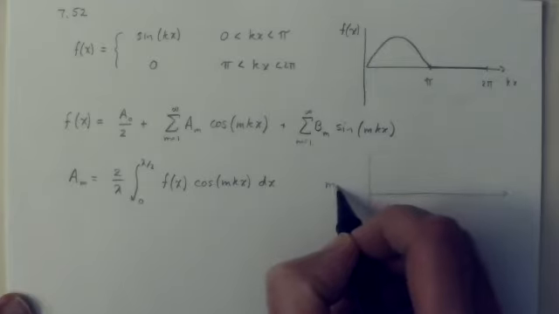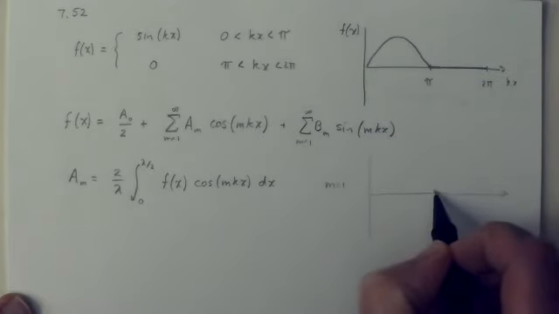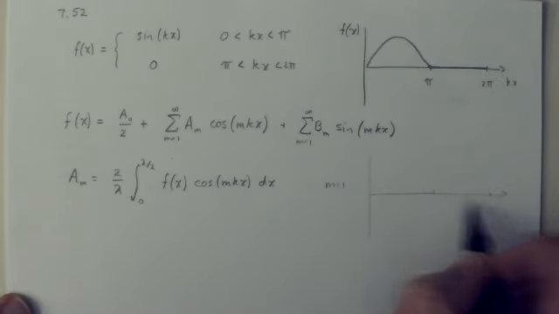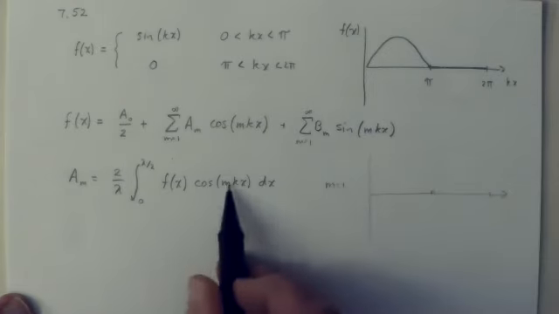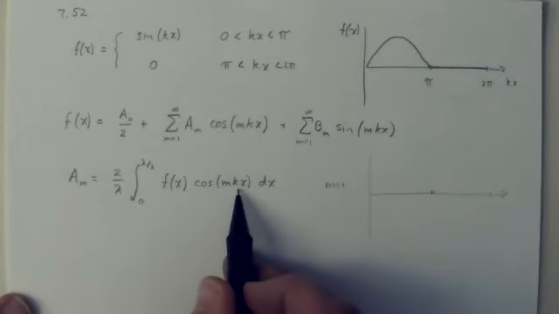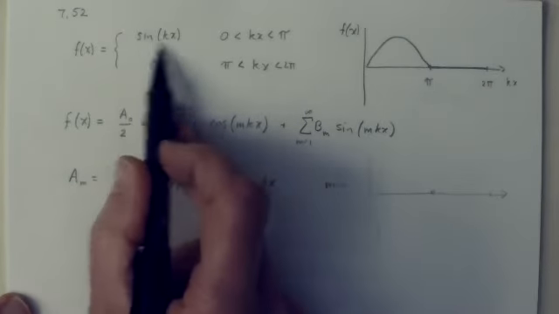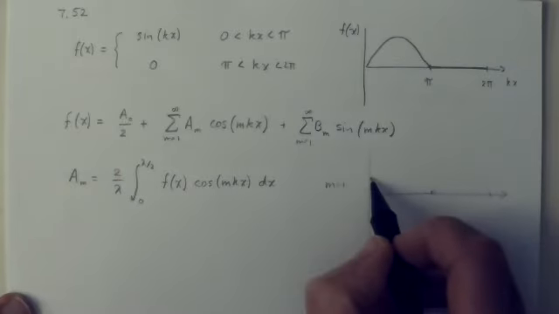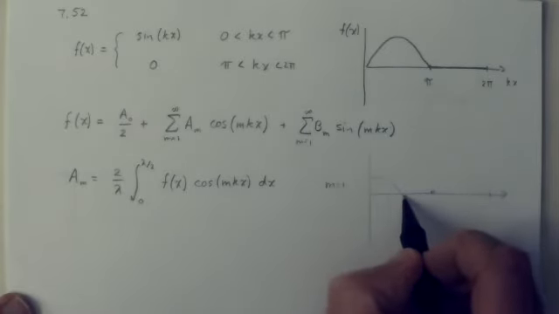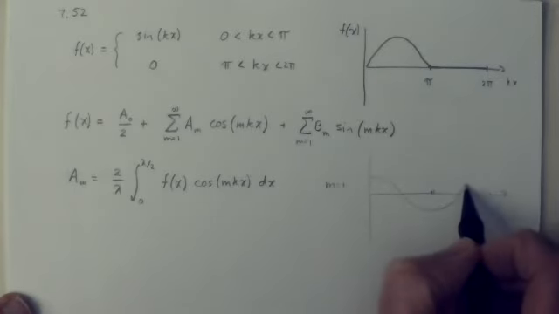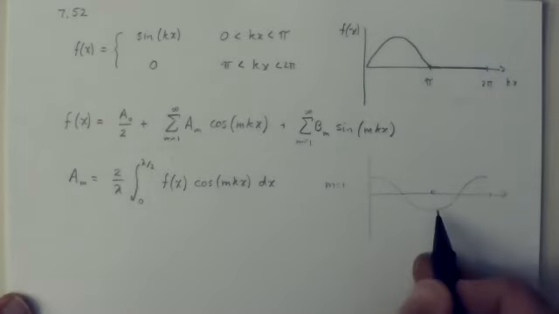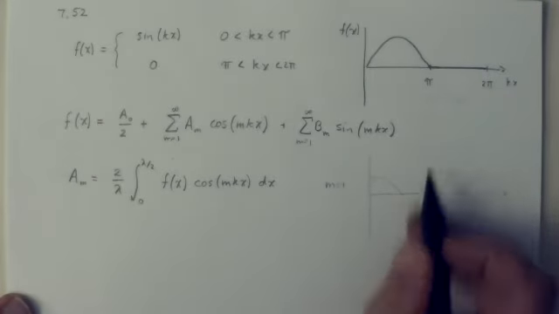And so here's m equals 1. That means we're looking at cosine of kx. Where up here the function was sine kx, now we're doing cosine. So this is the Fourier component. And we're trying to figure out how much of this is present in that.